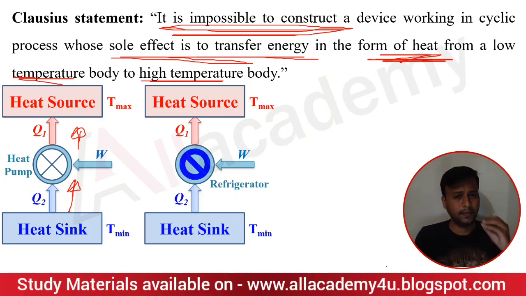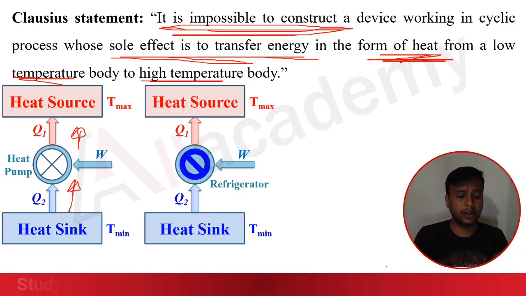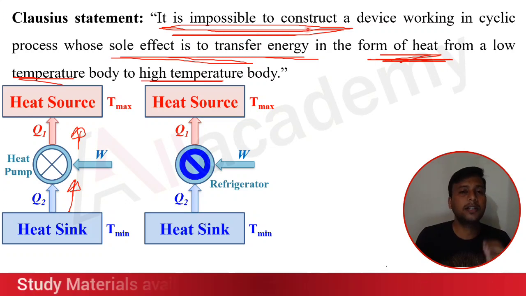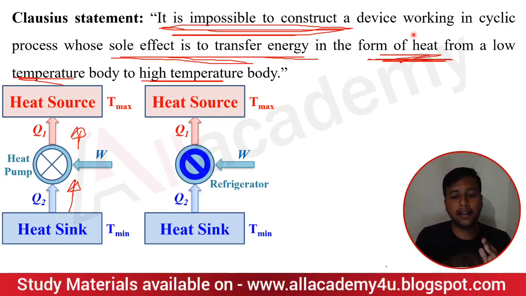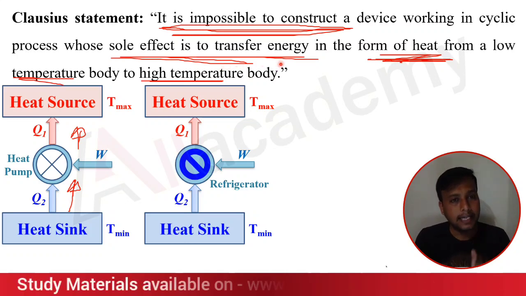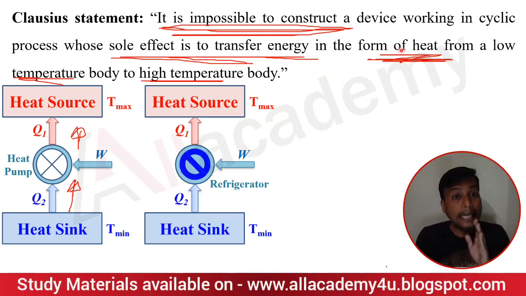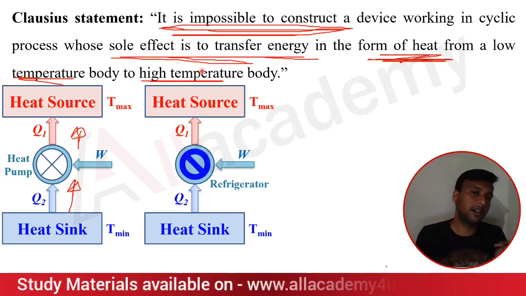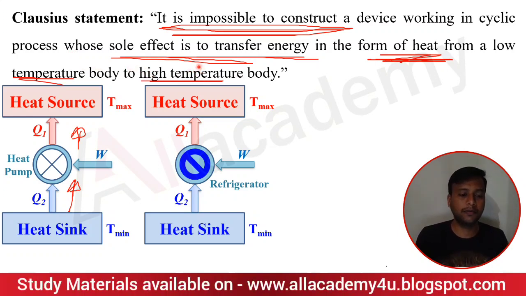That is the simplest form of the Clausius statement. Once again, it is impossible to construct a device working in a cycle whose sole effect is to transfer energy in the form of heat from a lower temperature body to a higher temperature body.